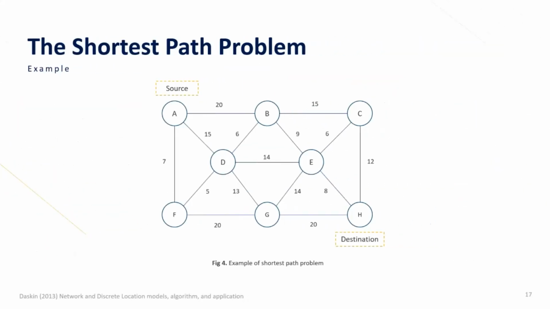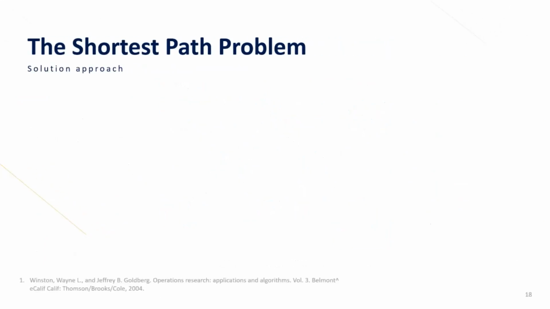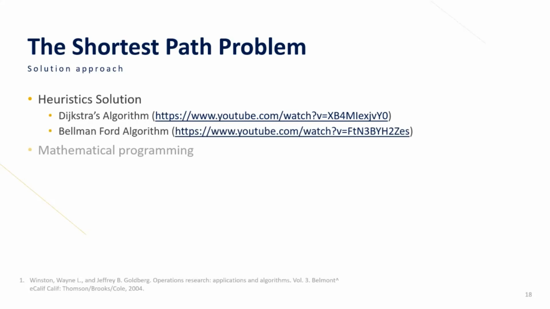Well, next we will try to solve this one. Let's say we want to go from the source to the destination here. We will try to formulate it mathematically using Excel Solver. For the solution approach, of course, this one is mostly discussed in the literature using heuristic algorithms, because heuristic algorithms for shortest path problems can, under some conditions, assure optimality.